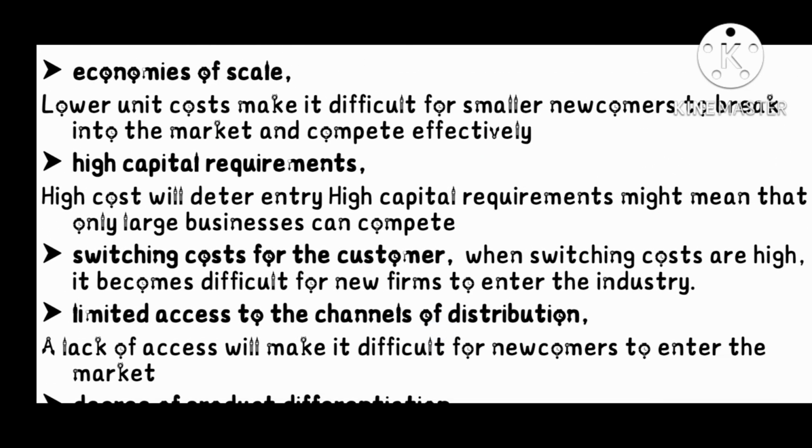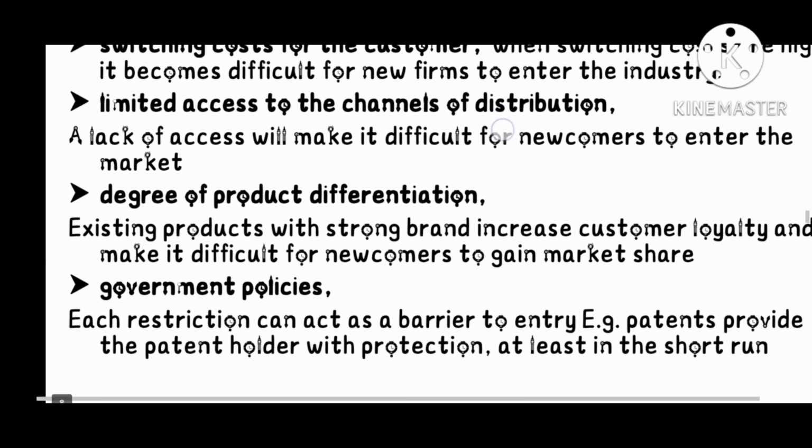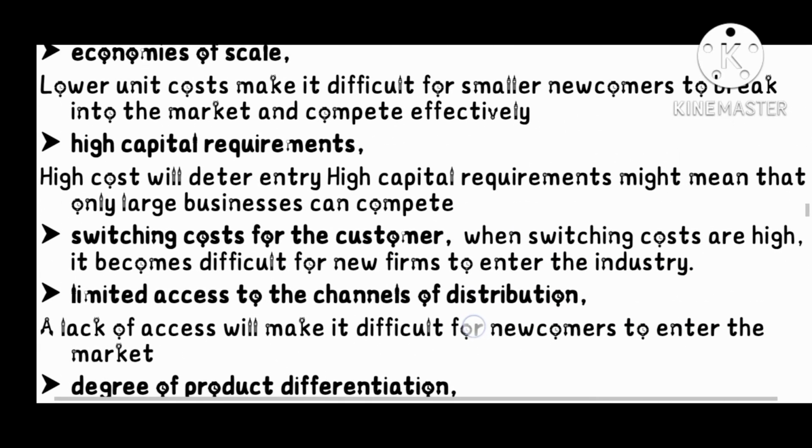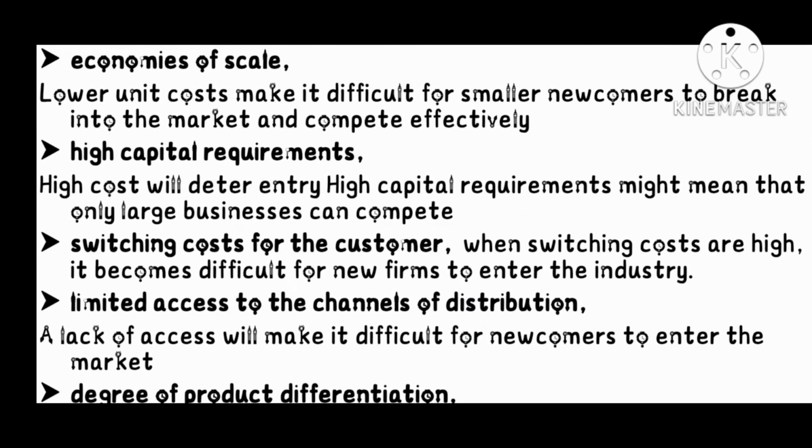We have economies of scale. We can still go through them briefly. Economies of scale, lower unit costs make it difficult for smaller newcomers to break into the market and compete effectively. High capital requirements, high costs will deter entry. Yes, obviously, if the costs are really high, you're not going to want to enter that market. You'd rather go for one with low cost.